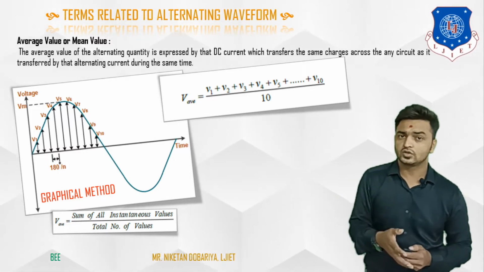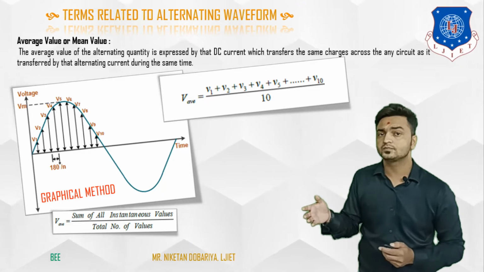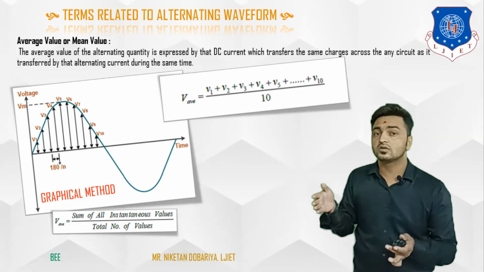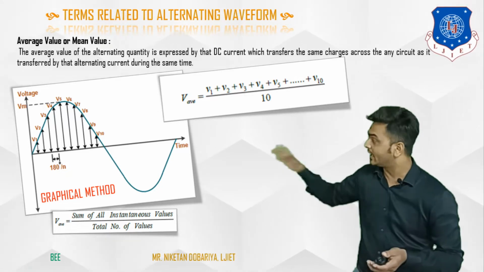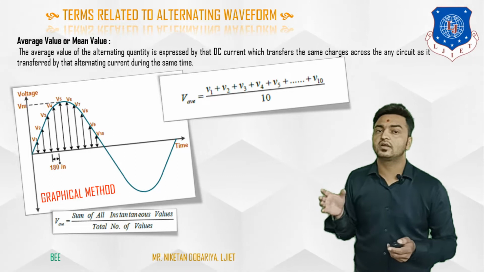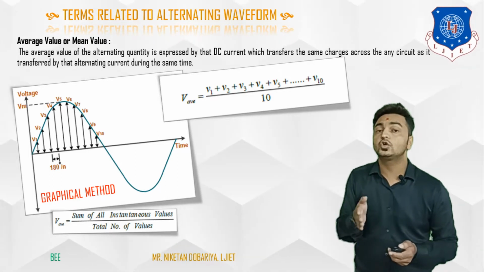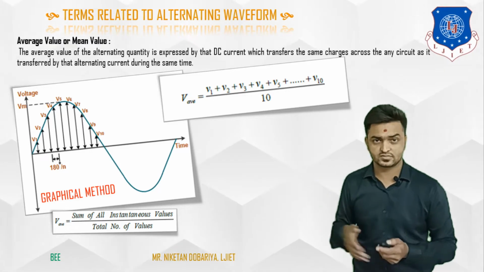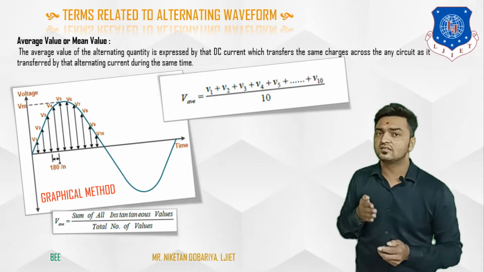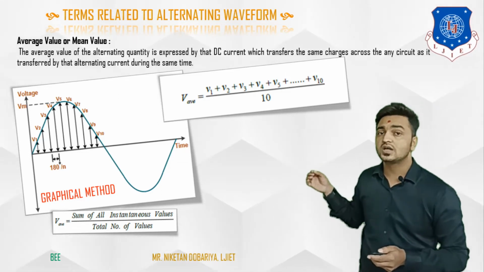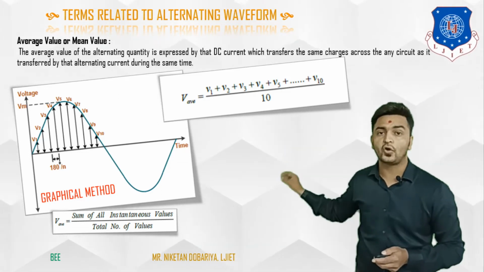So instead, we can do one more thing. Suppose this positive half cycle is over a 180-degree time period. We divide that angle or time period into n equal parts, and consider the instantaneous values at those points.